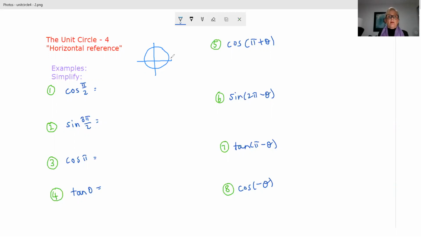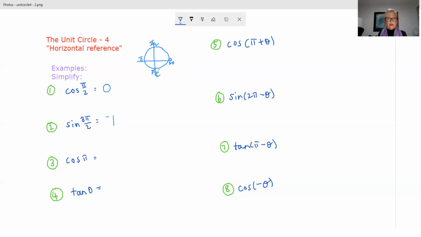Just thinking about our radians for a minute. This is pi on 2 up here, this is pi here, 3 pi on 2, and 0 or 2 pi there. Cos of pi on 2, what's the x value there? Well, the x value there is just 0. Sine of 3 pi on 2. We're down at 3 pi on 2 and we want the y value. Remember, this is a unit circle, so it goes down to -1.